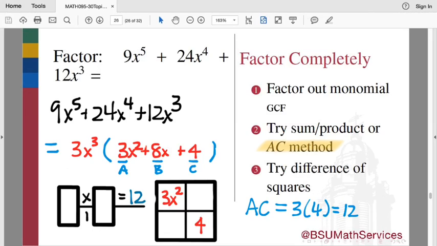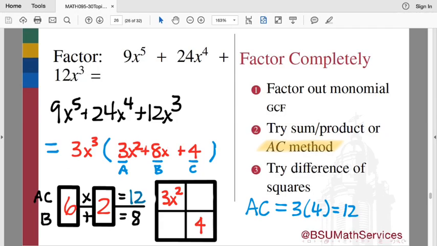But at the same time, I also want the sum of those two numbers to be equal to my b, which is 8. So AC ends up as the product, and B ends up being the sum. So the question I have for you is, what pair of numbers multiplies together to give me 12, but also adds together to give me 8?